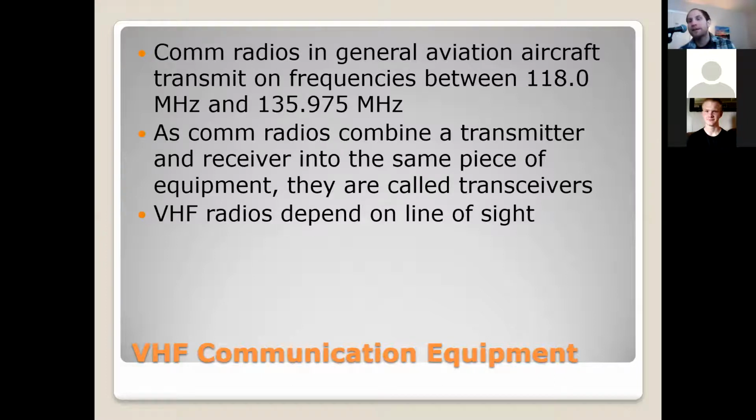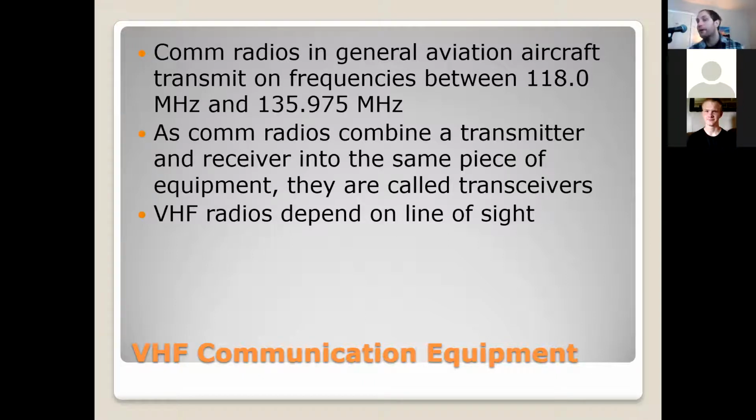It doesn't actually touch 136. The highest frequency we see is 135.95. The VOR, which is navigation, the navigation frequencies are just less than that. Once you get less than 118, that's when we're getting into the navigation frequencies.